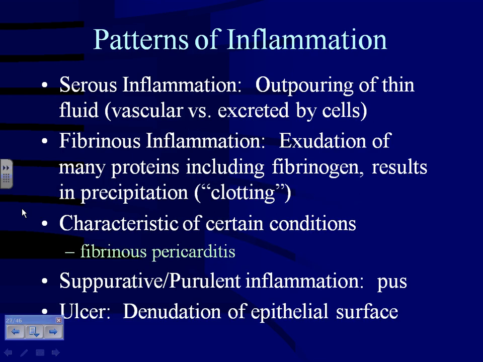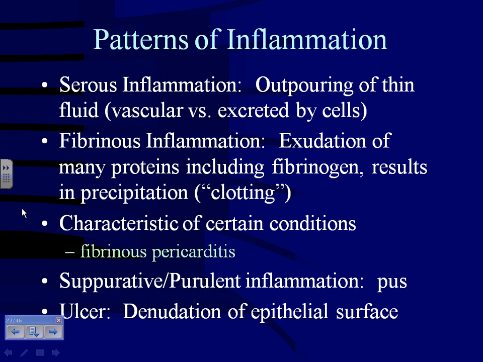Now, there are different patterns of inflammation. Serous inflammation is an outpouring of thin fluid, vascular versus excreted by the cells. Fibrinous, you get an exudation of many proteins, including fibrinogen, resulting in clotting or precipitation. Fibrin refers to clot formation, okay? And this type of inflammation is characteristic of certain conditions.